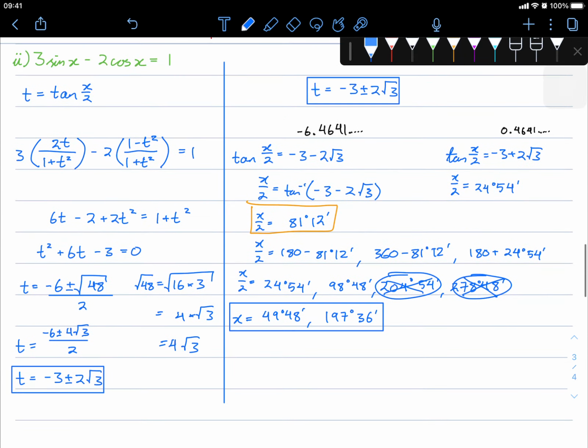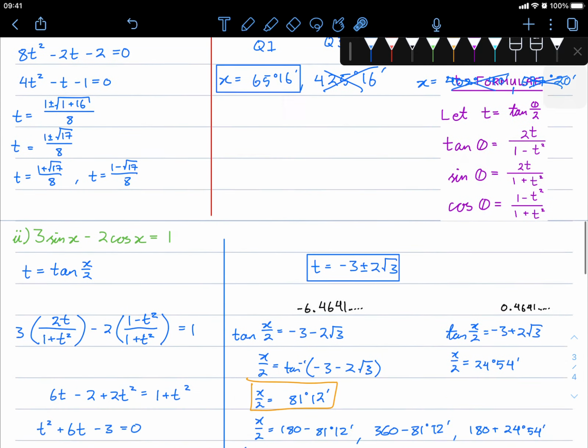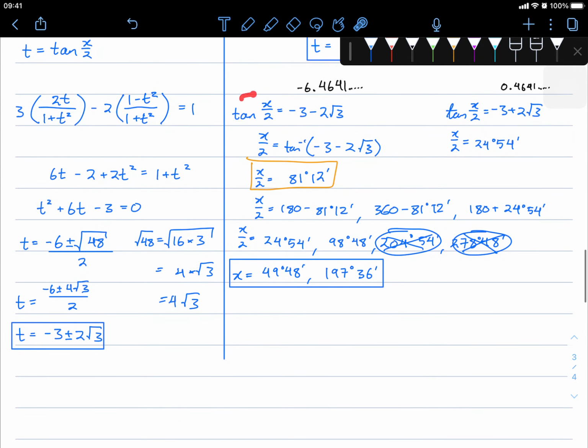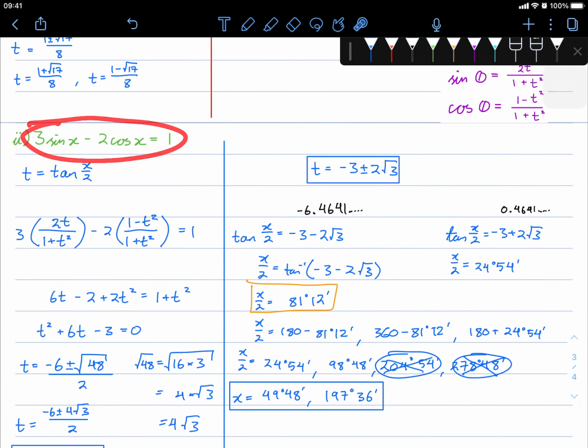Now, just to address this one point that I mentioned, we should always test 180 degrees or pi in our equation, because when we use tan, we might miss that answer, but it might be an answer for this one.